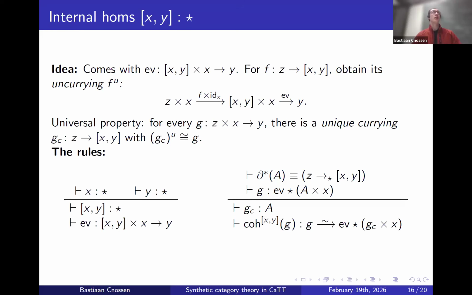So the star, you could choose to decorate it with a subscript that remembers the dimension. So this cell over here can have an arbitrary dimension, like it can be an n cell. And in this case, it means whisker the n cell with this one cell to obtain a new n cell. But they all behave kind of similarly, like you would define them inductively in some way.